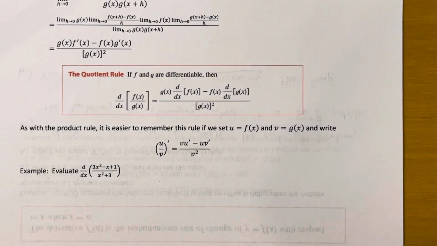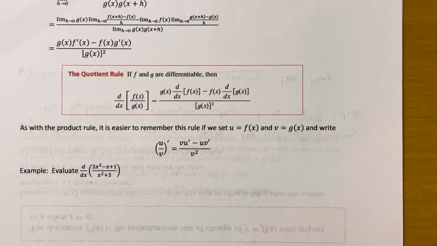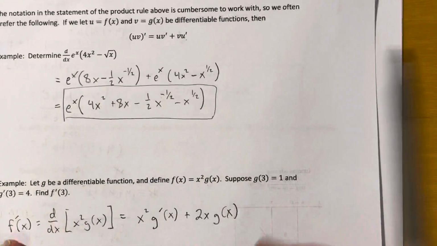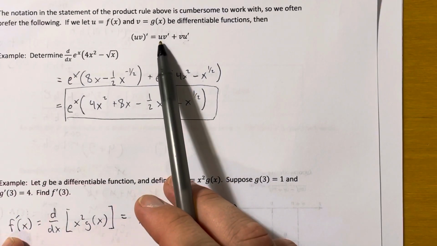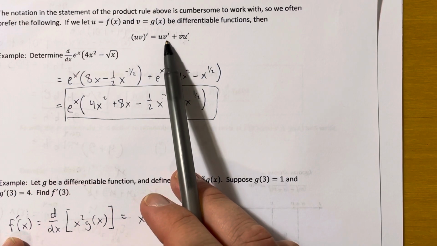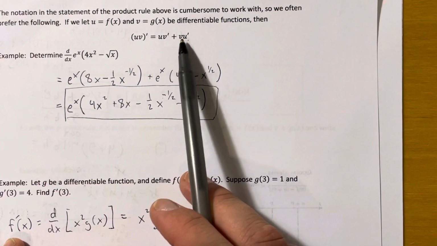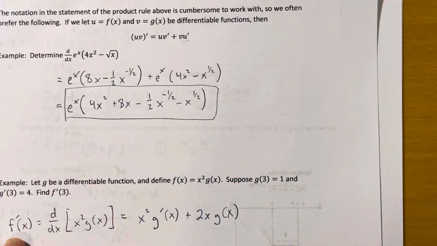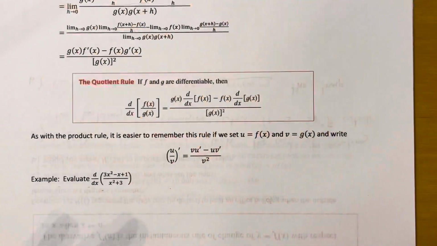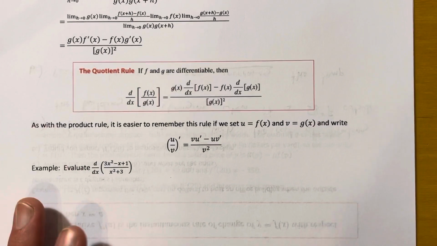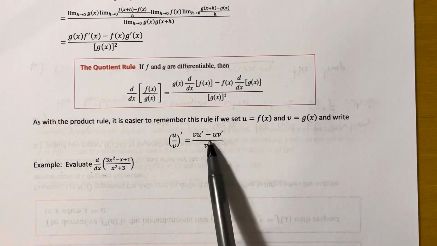Now, I mentioned in the product rule, let me go back to the product rule really quick. When we stated our product rule here, I said that you could do this in either order. I could do uv prime plus vu prime, or I could do vu prime plus uv prime, because addition is commutative. I could switch the order, and nothing actually changes. We don't have that luxury with the quotient rule because we have subtraction instead of addition.